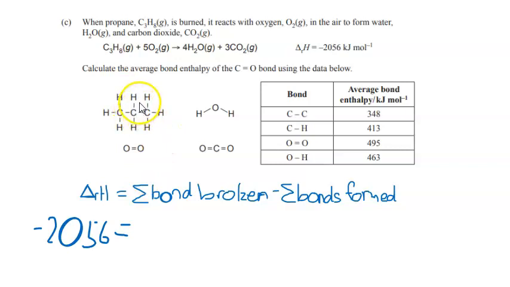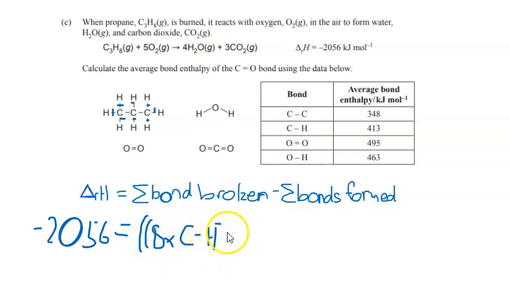So we need to count up the number of bonds that are broken. So we've got the carbon to hydrogen bond. Because it's 1 propane molecule, you've got 1, 2, 3, 4, 5, 6, 7, 8. So we're going to go 8 times the carbon to hydrogen bond.